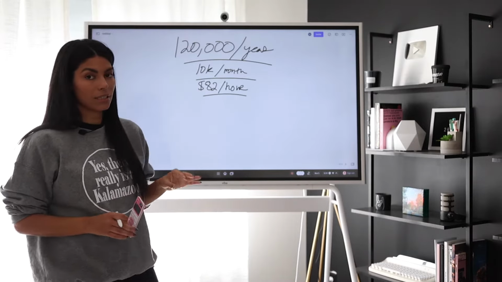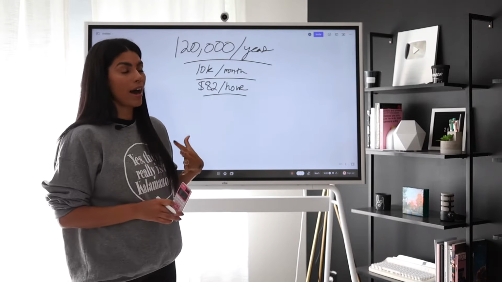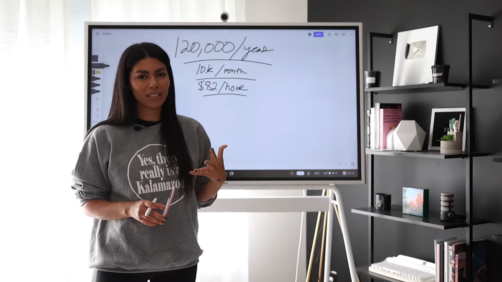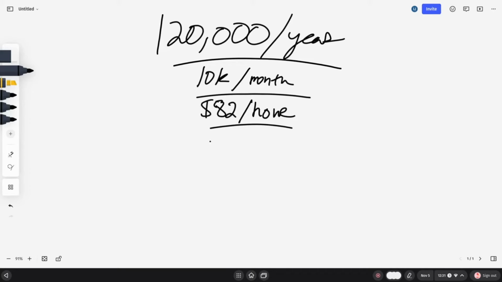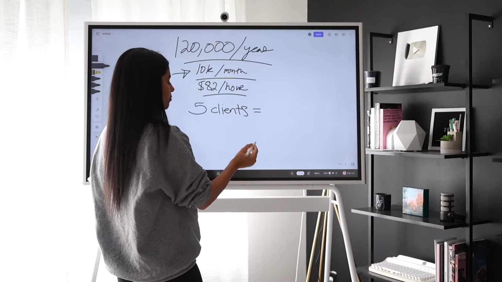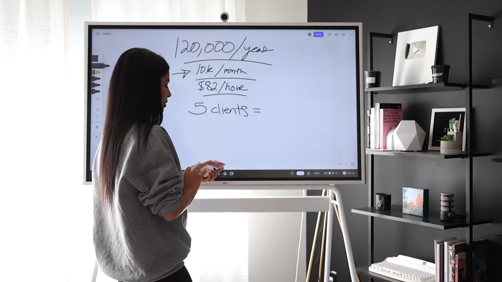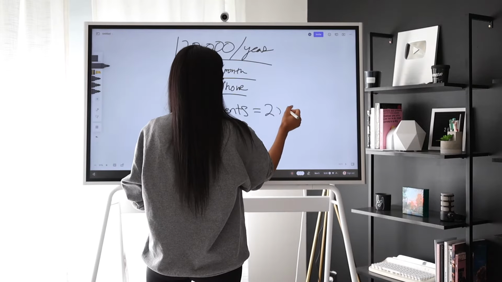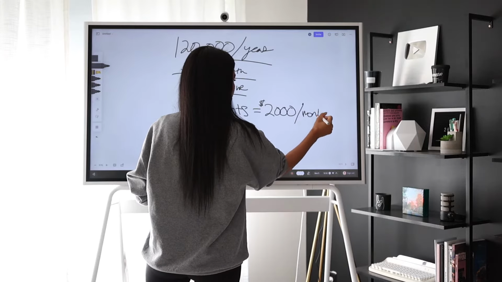How many clients can you realistically take on at once? It's the $1 million question. I personally capped at around 5 clients. So let's just say we start with 5 clients, we'd take this 10K a month number and divide that by 5. $10,000 divided by 5 is $2,000 per month.